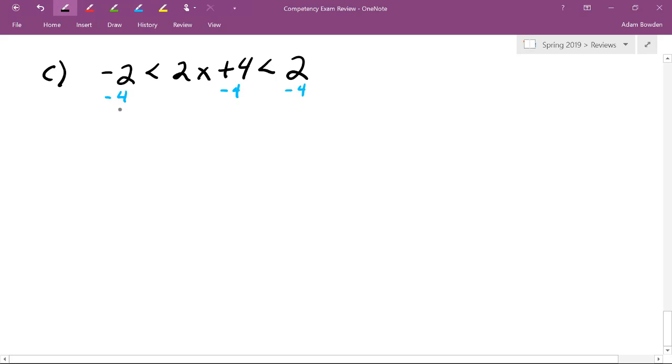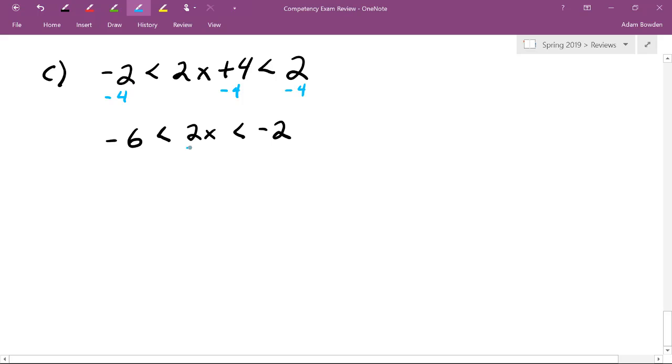When I do that, subtracting 4 from negative 2, we get negative 6, less than 2x in the middle, less than 2 minus 4, negative 2. Again, we're trying to get x by itself in the middle.